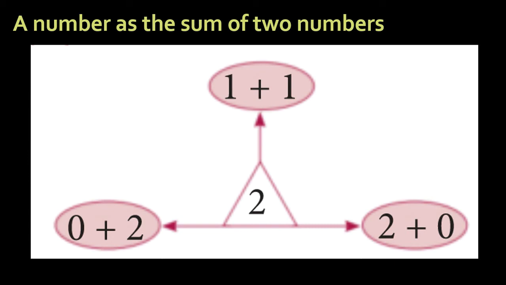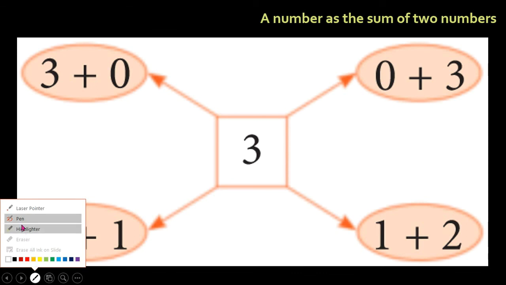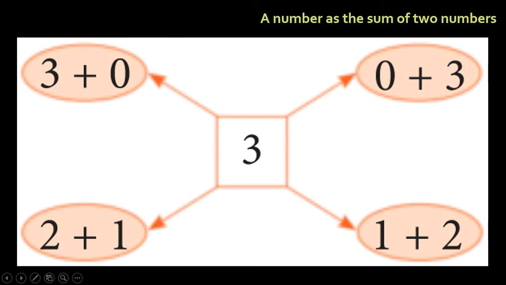So therefore, the number 2 can be written as the sum of two numbers as shown here. So 2 can have 3 addition statements. And the number 3 can be expressed as sum of two other numbers.